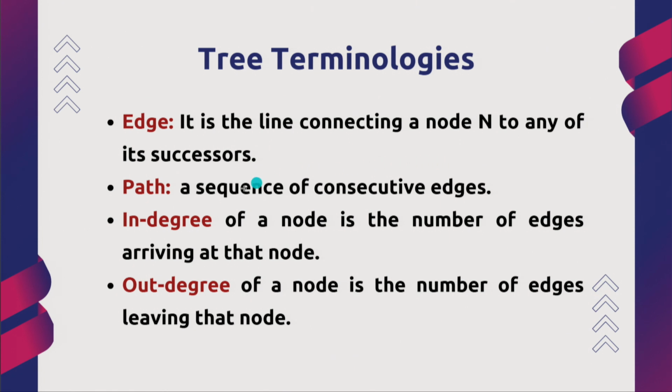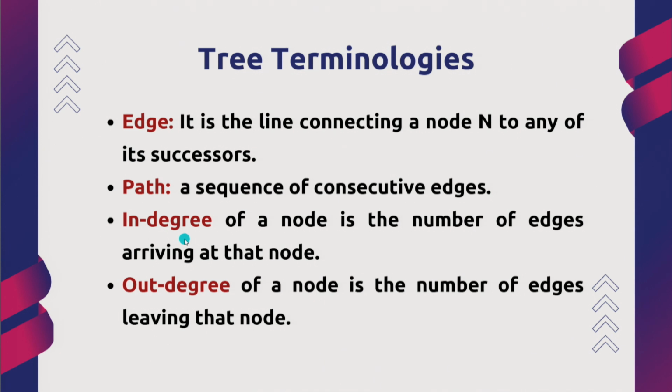If I want to compute the path from A to D, I need to count the number of edges between A and D. A to B there is an edge, B to C there is an edge, and C to D also there is an edge. So we have three consecutive edges between A and D. A to B, B to C and C to D is our path.